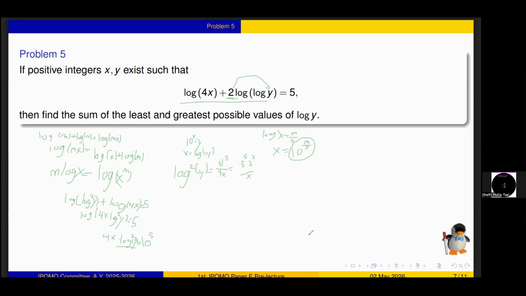Was that right? Yeah. So basically this is an integer.